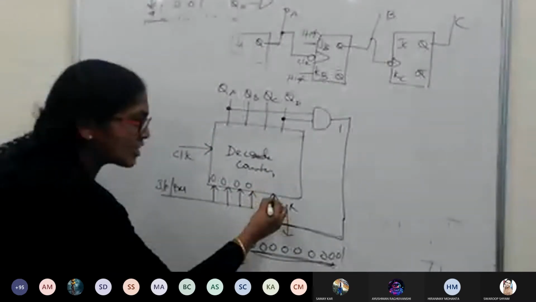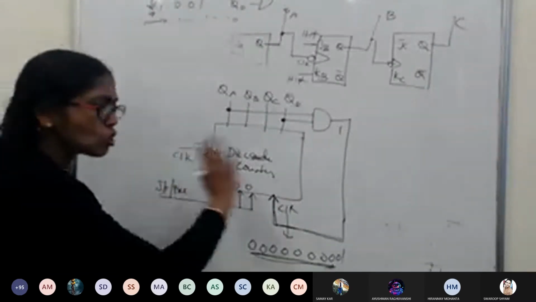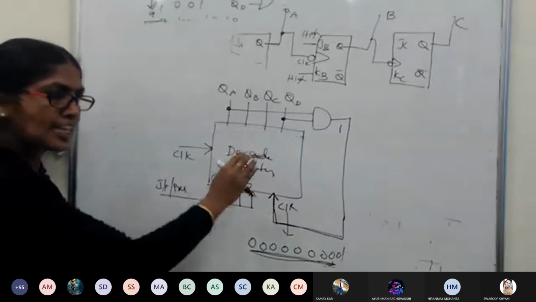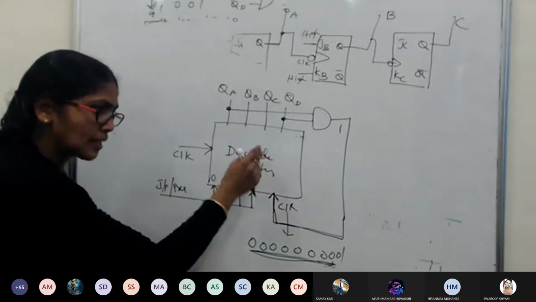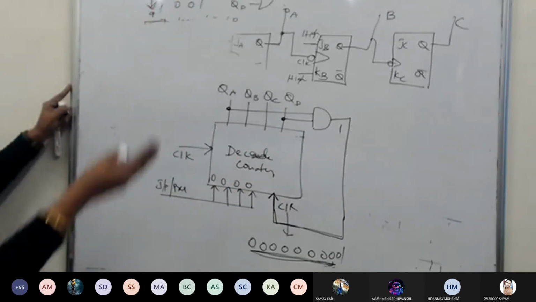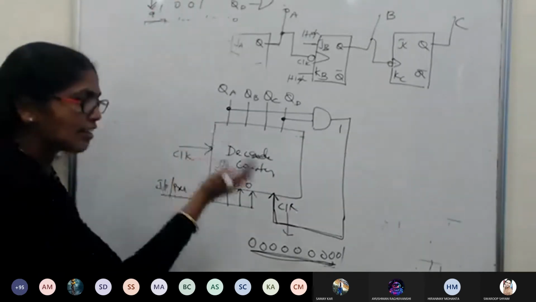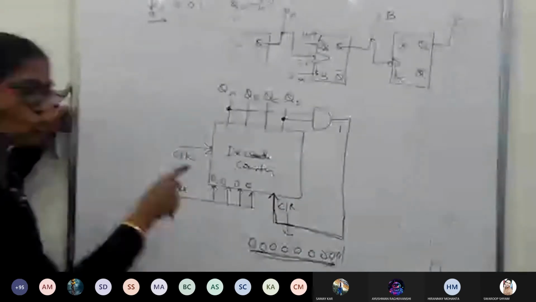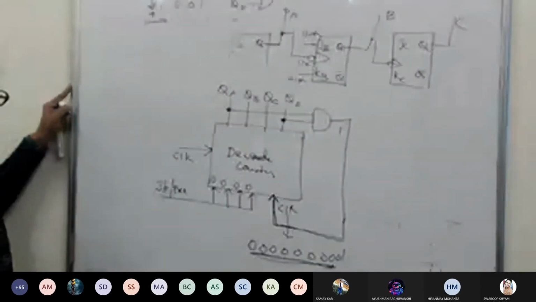When it changed, it indicates you stop the show, and again a fresh start will be there. This is how preset and clear, along with the clock, can stop the count anywhere you want.